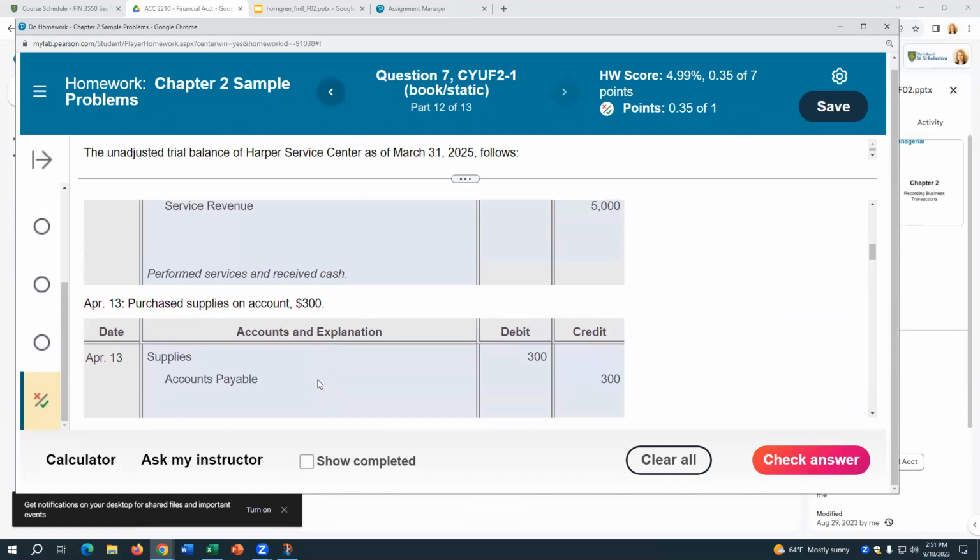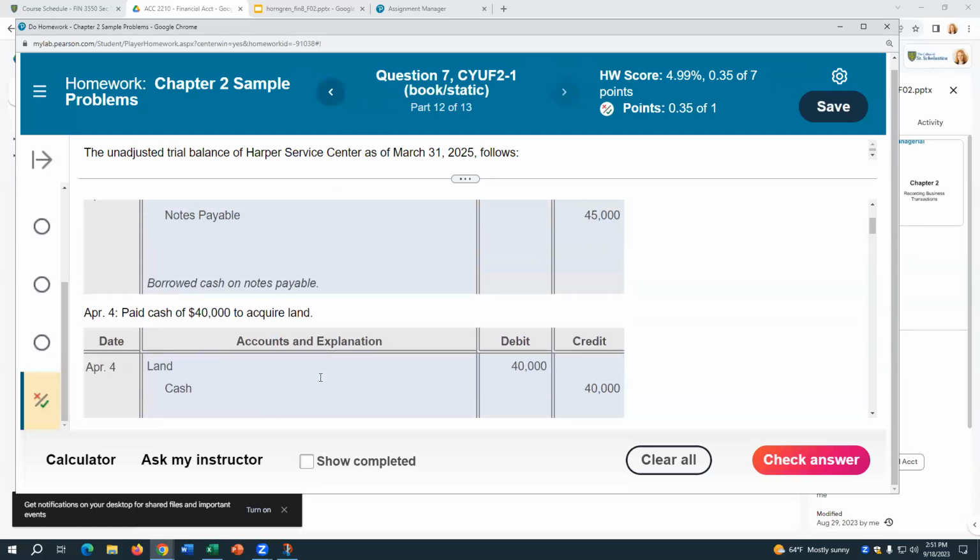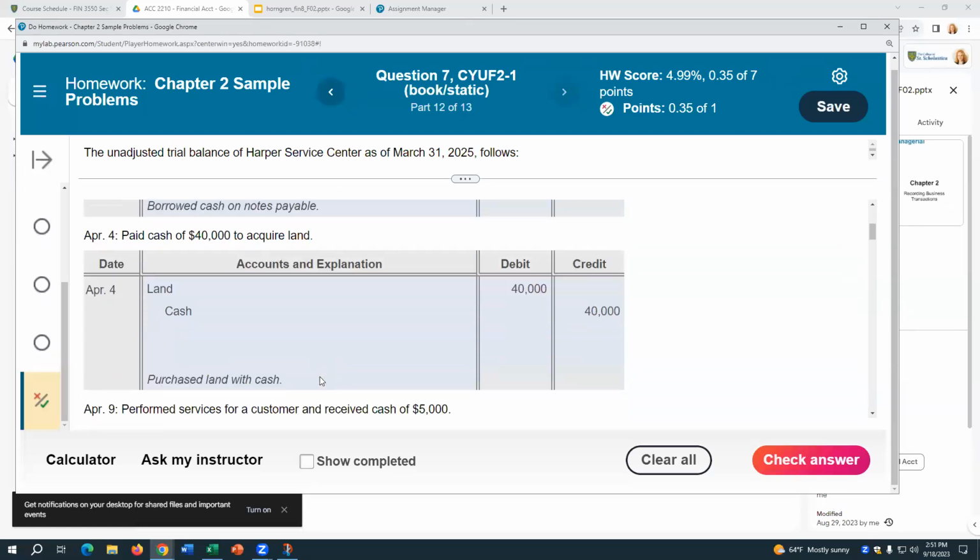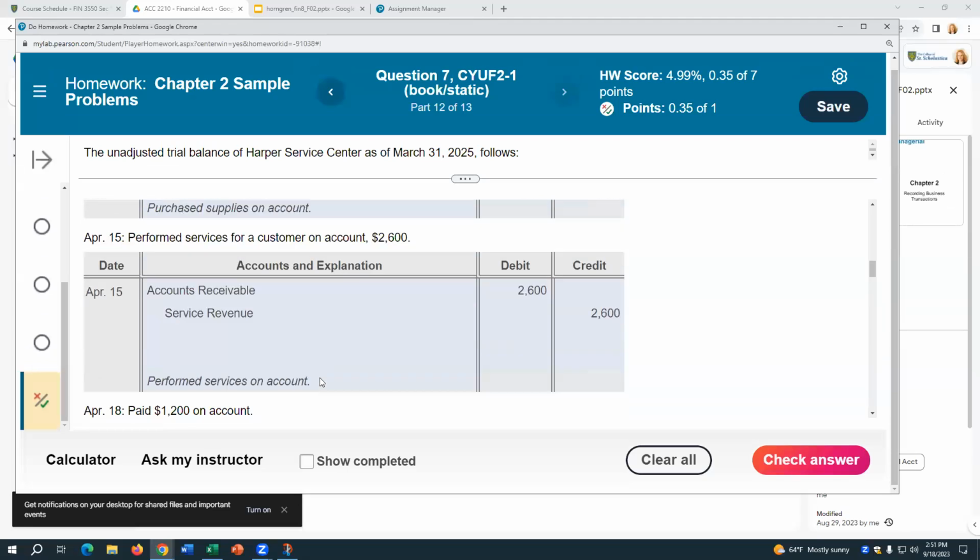Okay, so what do we got here? We've got land and cash, 40,000.